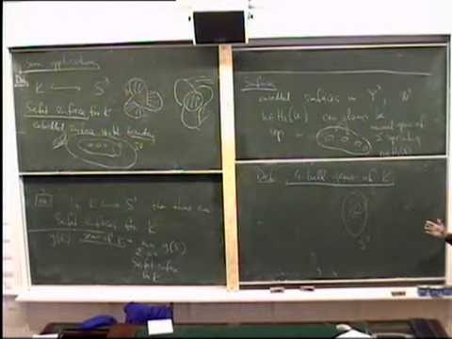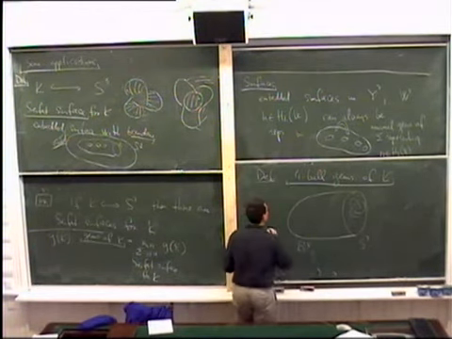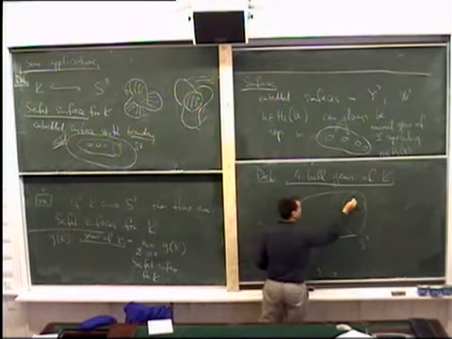We don't necessarily want an embedded surface in S3, because it's going to be called the slice genus, we want to do it in the 4-ball. So here I take the 4-dimensional ball whose boundary is S3, and now I'm looking at embedded surfaces that could lie in the 4-ball.